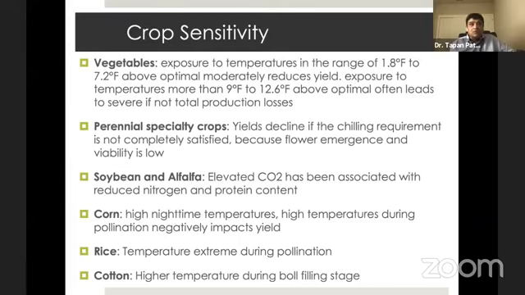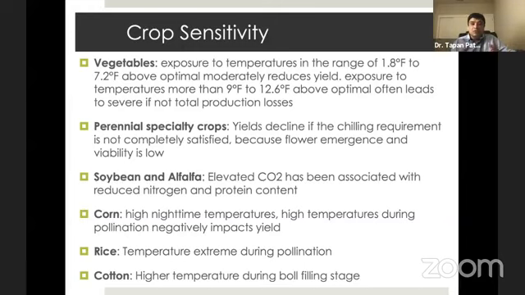Perennial specialty crops see a yield decline due to chill requirements. Some of those specialty crops or orchards in California require a certain number of hours when temperature is below a certain range, below 32 degrees Fahrenheit or below 30 degrees Fahrenheit.